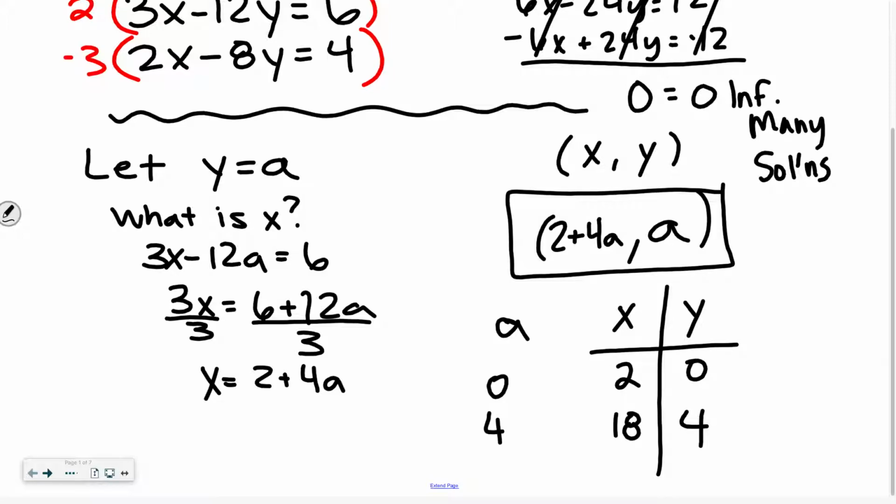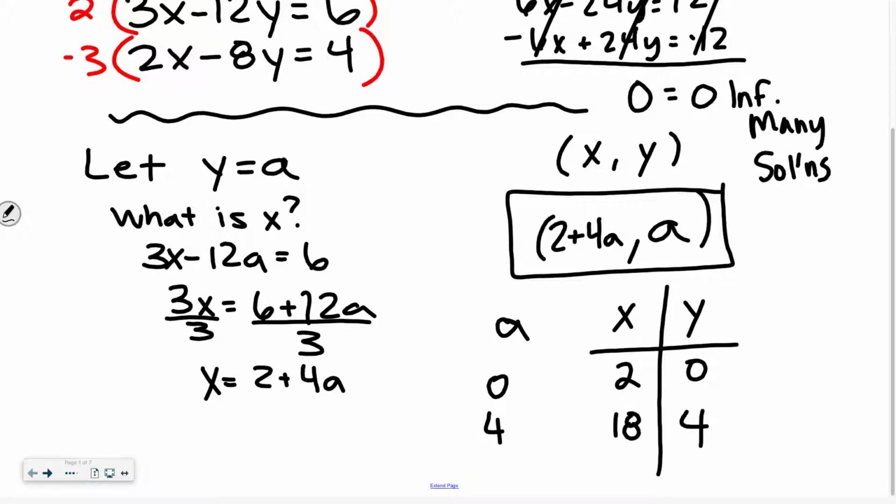And then minus 48. Is that equal to 6? Yep, that works. 2 times 18 is 36 minus 32. Is that equal to 4? Yep, that works. So all that's saying is you could choose infinitely many a's, and you could generate the list of x and y's, and these will be points that lie on the line.